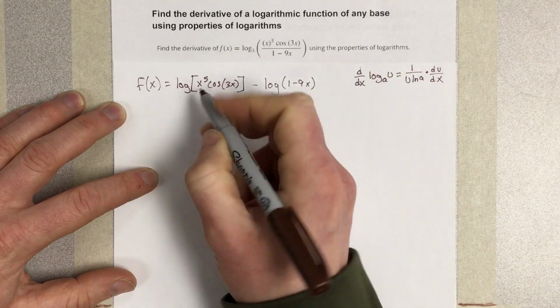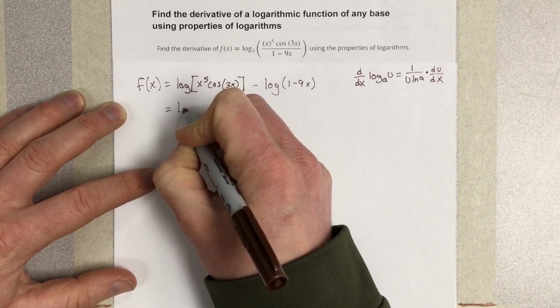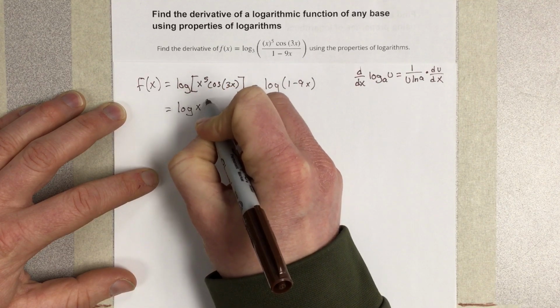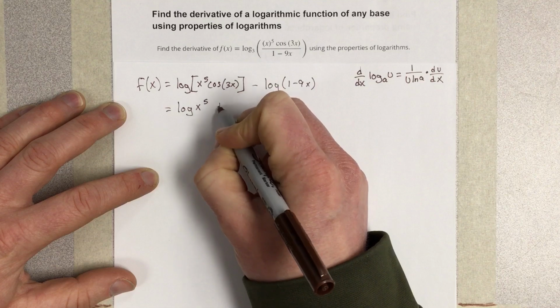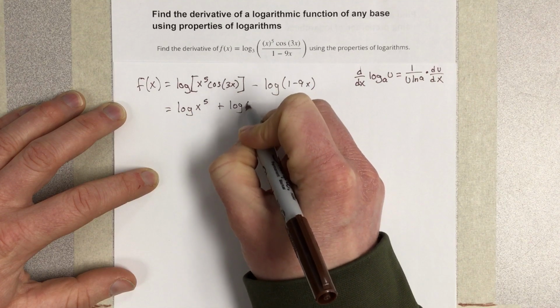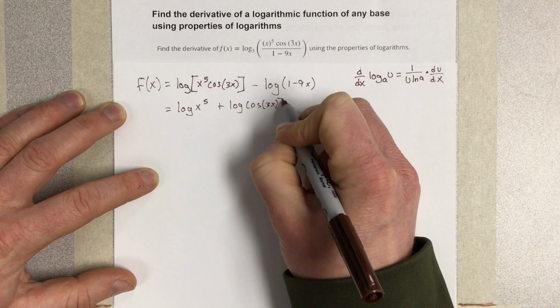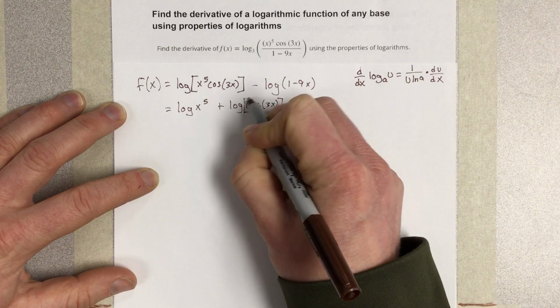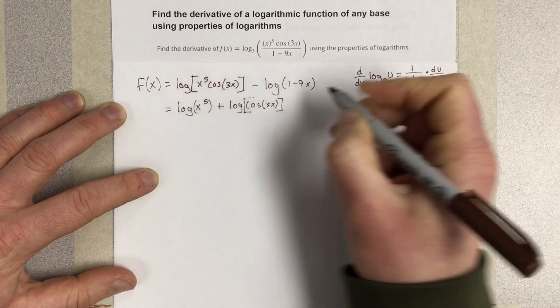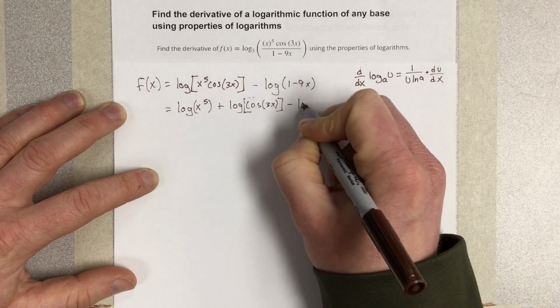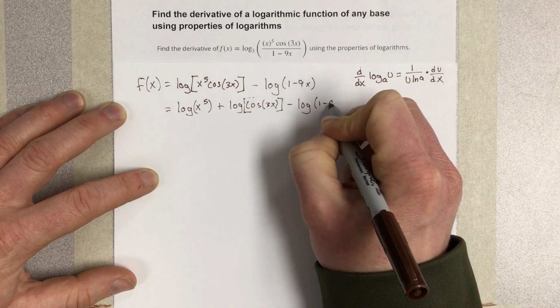I have a multiplication on the inside, so I can separate that by saying log x to the fifth plus log cosine of 3x. Minus log of 1 minus 9x.